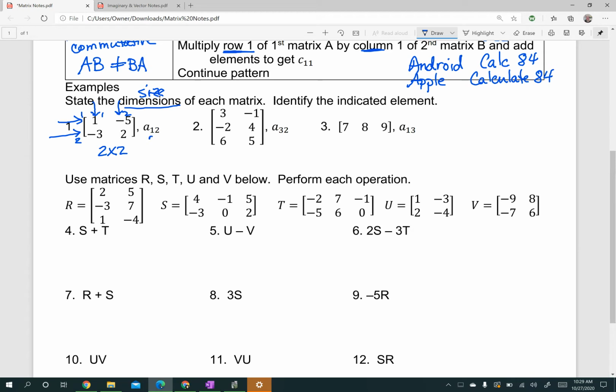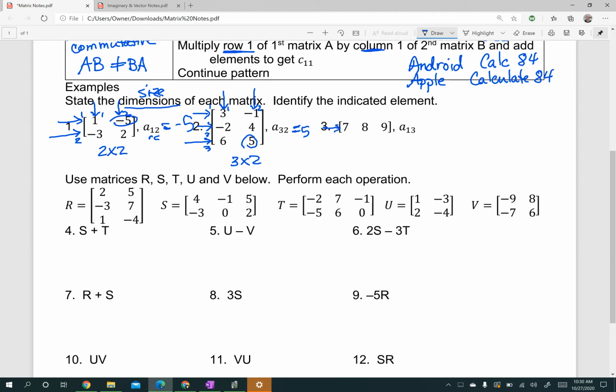The element that is in the first row, second column is -5. Okay? This has 3 rows and 2 columns, so 3 by 2. The element that is in the third row, second column is this guy right here, so that's 5. Okay.